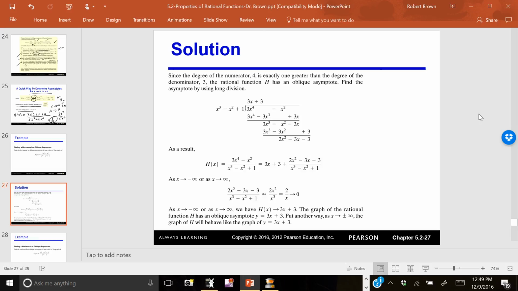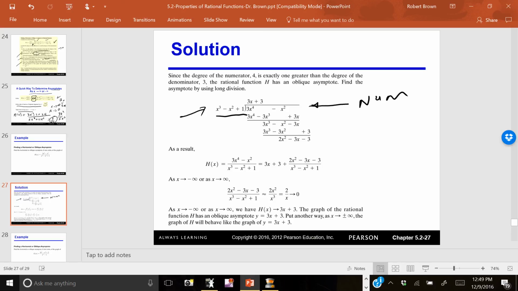Now, you need to practice doing long division. You take the denominator, which is x cubed minus x squared plus 1, and divide it into the numerator, which is 3x to the fourth minus x squared.